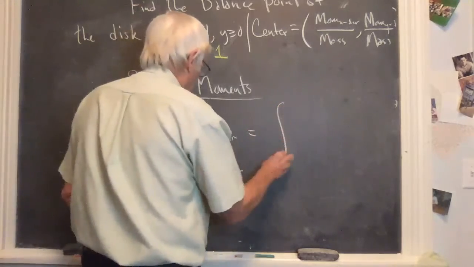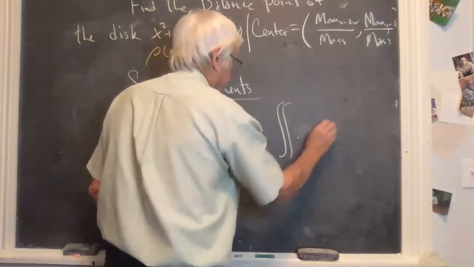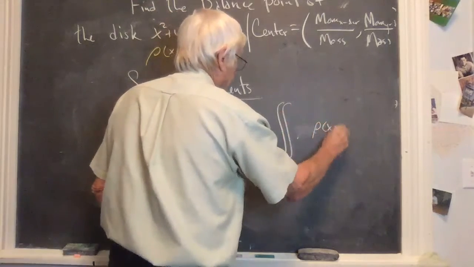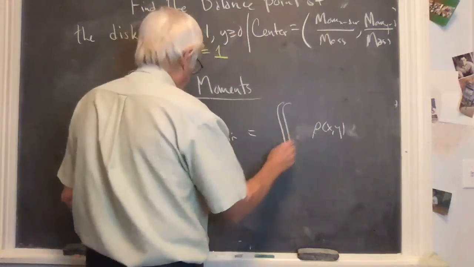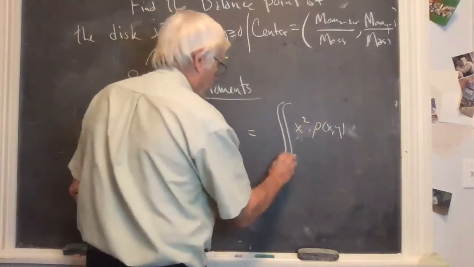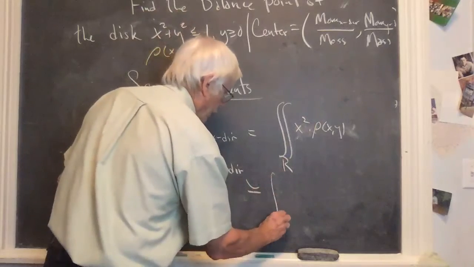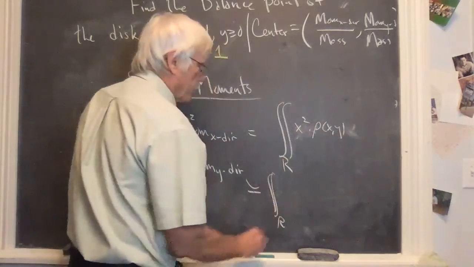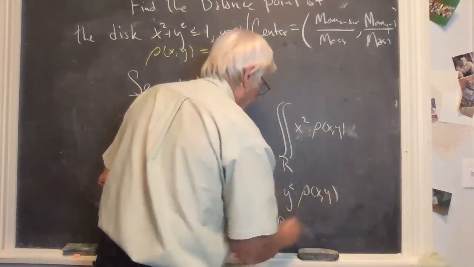And this will be the integral. Again, we'll have a density function involved. If it's in the x direction, we multiply by x squared over the region. And in the y direction, you are looking at the integral over the region of y squared, rho of x and y.